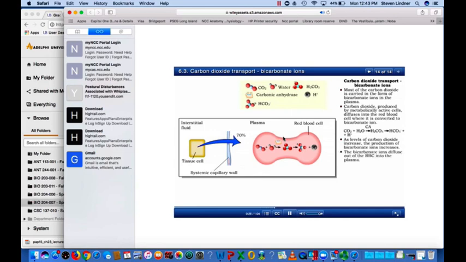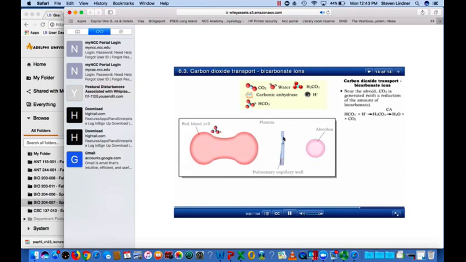The bicarbonate ion diffuses into the plasma, where it is carried to the lungs. In order to maintain electrical balance in the red blood cell, the movement of the negatively charged bicarbonate ions out of the cell is balanced with the movement of negatively charged chloride ions into the cell. This process is called the chloride shift.